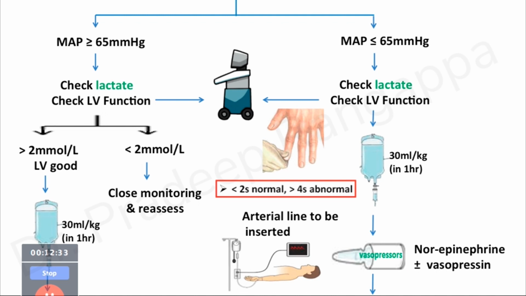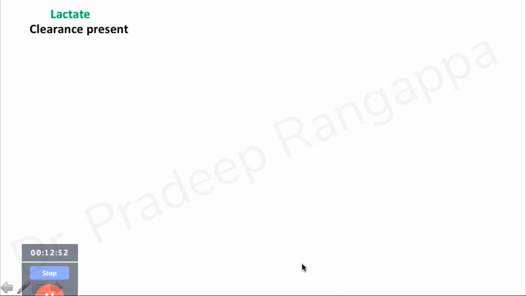So in our unit, all hypotensive patients who are on vasopressors mandatorily have an art line, and this is what we would advocate. I understand some of the district hospitals have difficulty in getting an art line, but this is a time where you could equip all your ICUs and gear them up to have this art line facility available.